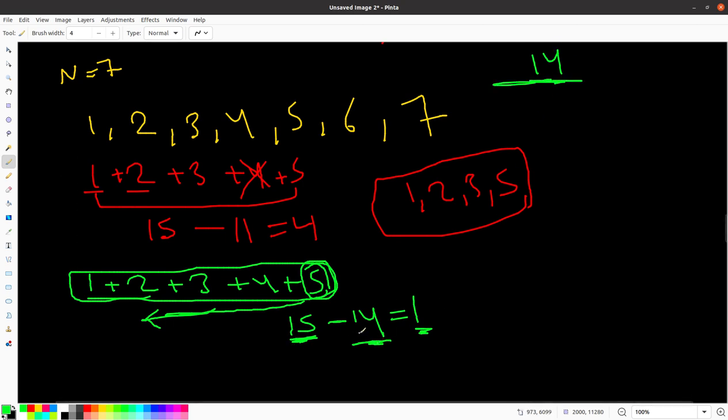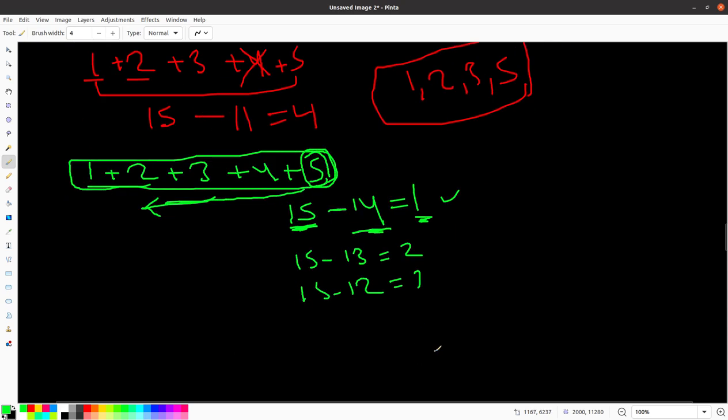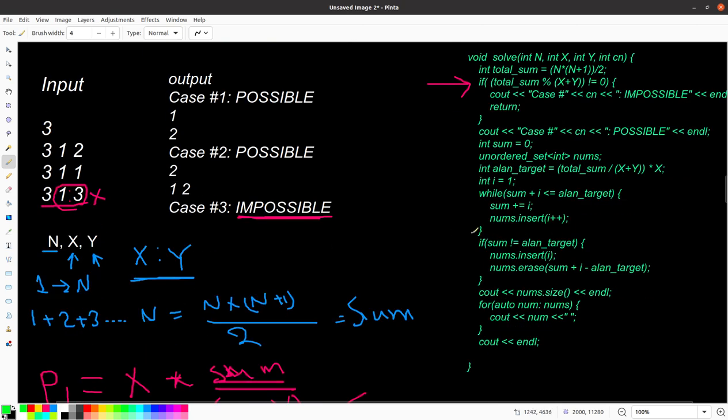So 15 minus 14 is 1, 15 minus 13 equals 2, 15 minus 12 equals 3, 15 minus 11 equals 4. So these are all the possibilities.